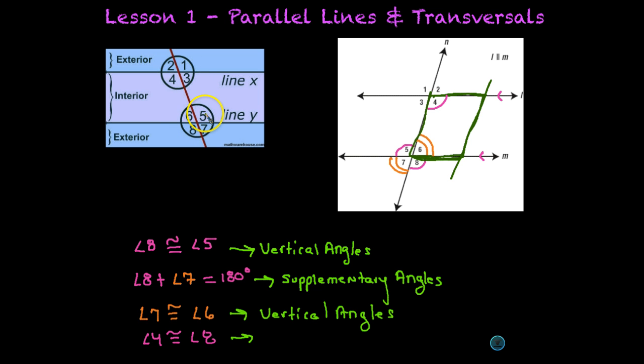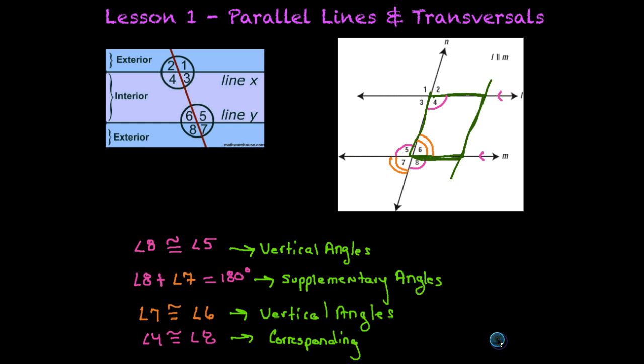Just like 1 and 5 are in the same location, and 2 and 6 are in the same location, and 4 and 8. So anytime you have angles that are in the same location on the other parallel line, those are considered corresponding angles because their location corresponds to the other location on the other end.